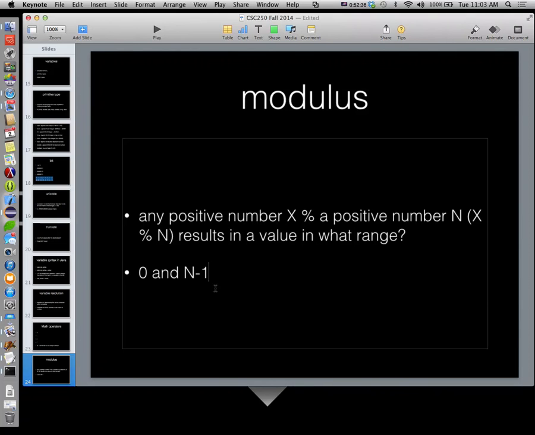Okay? You can see that popping up on a quiz anytime. Hint, hint. Just an excellent quiz question. Just saying. Can you repeat the question? Well, the question could be something along the lines of, what is the range of values of the result of any positive number being divided by any other positive number for modulo?